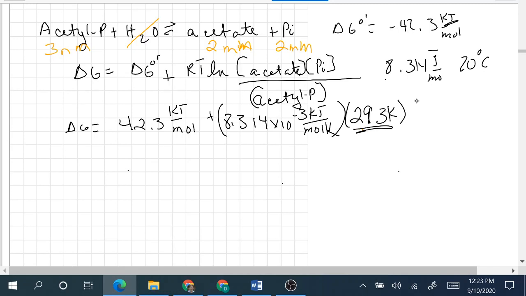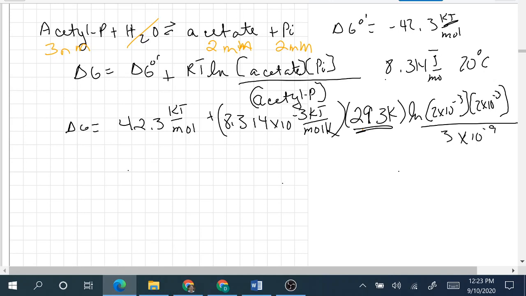Okay, so then we have ln of 2 times 10 to the minus third times 2 times 10 to the minus third, divided by 3 times 10 to the minus ninth. Okay, so let's make that a little clearer. So we have the ln of this.